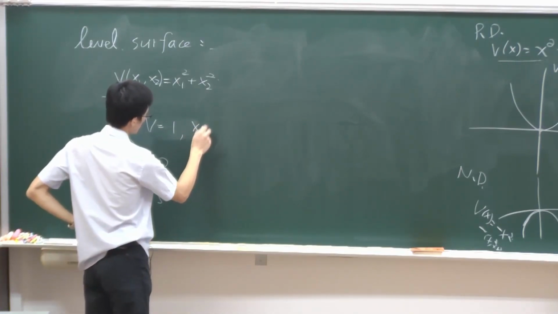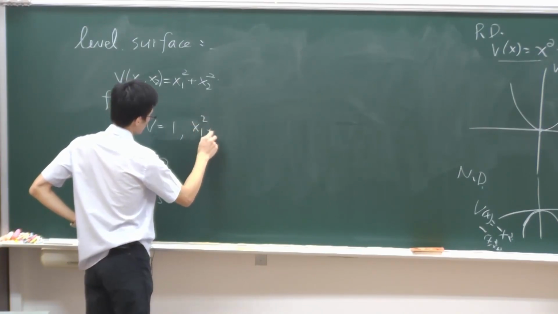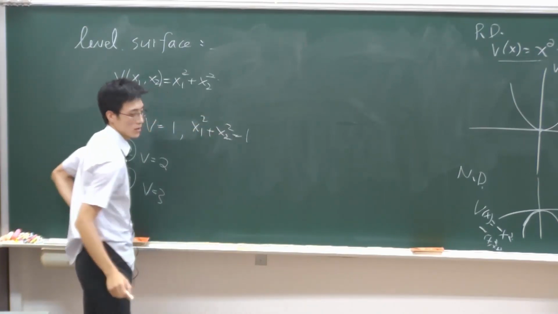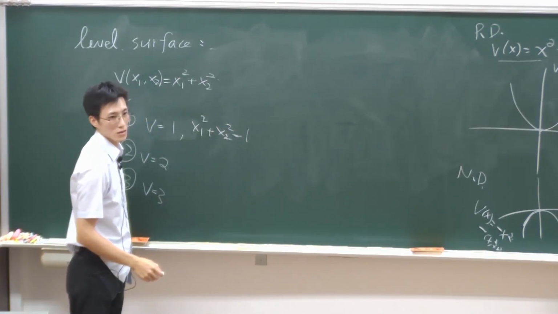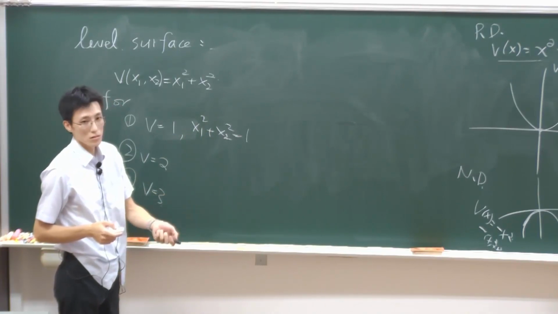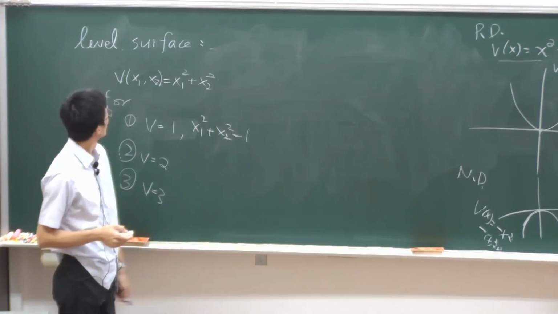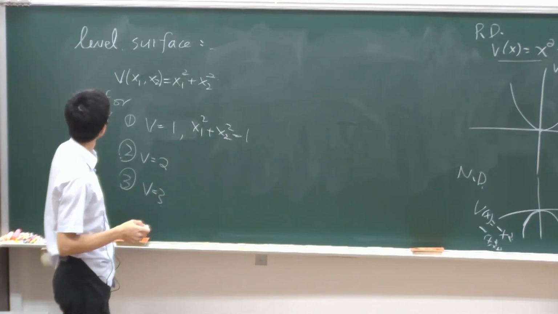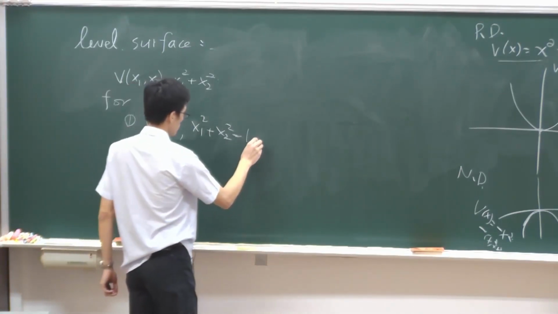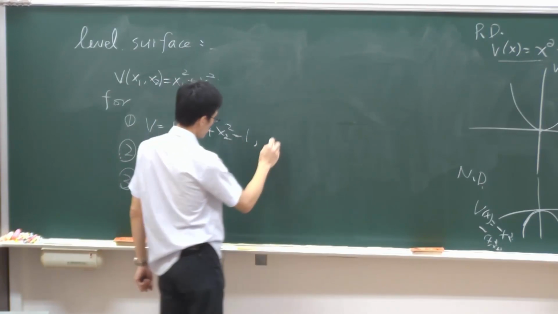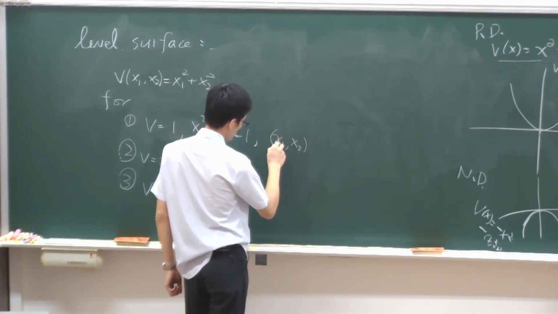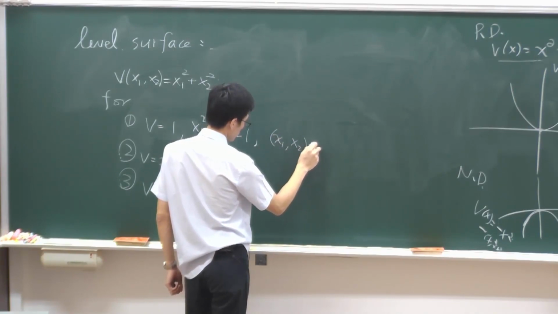It's any x1 and x2 that satisfy this condition, right? And there will be a circle.